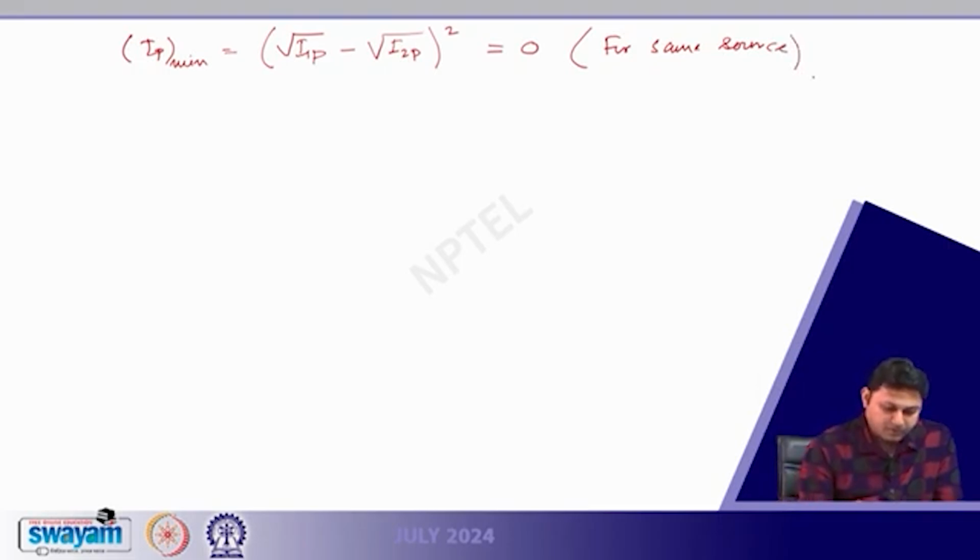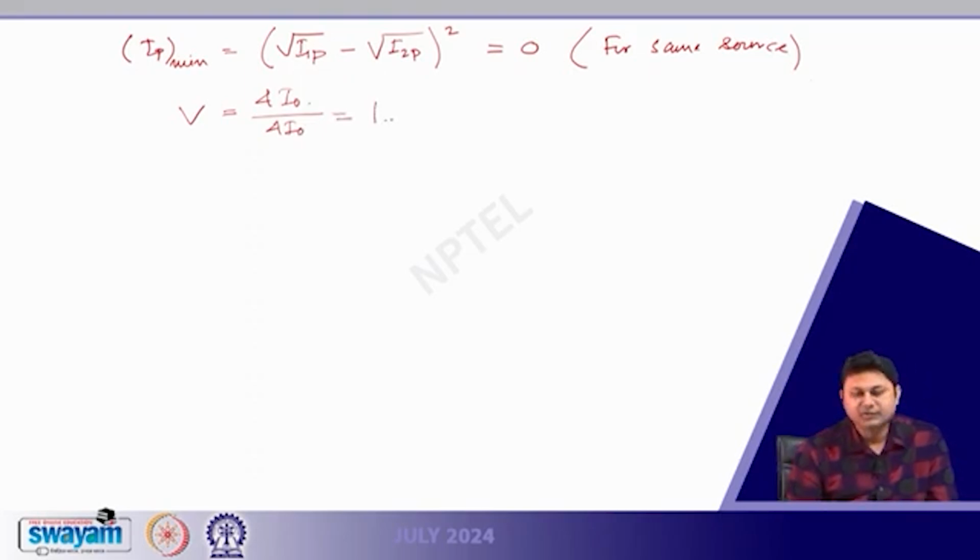So I can have the visibility in this case 4 I naught divided by 4 I naught, which is 1. Very strong visibility one can have, and this is the most ideal case when we have two coherent sources interfering.